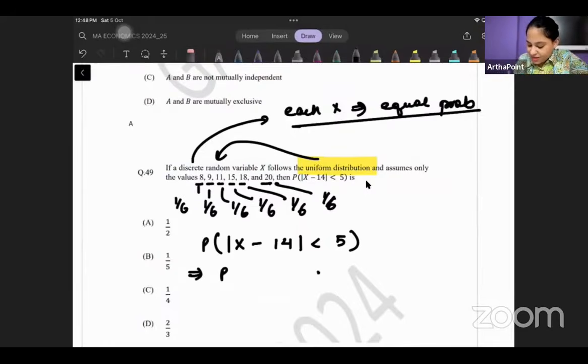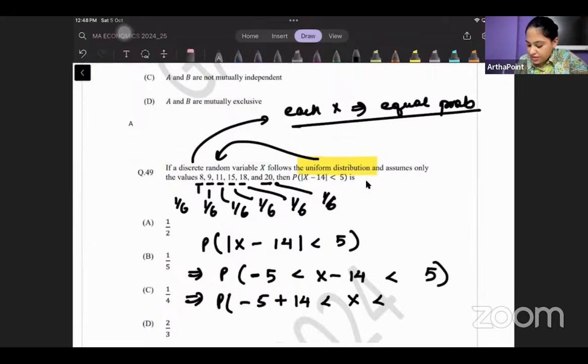Probability x minus 14 between 5 and minus 5. है ना? Whenever you open absolute value, you put minus also and plus also, और वो interval हो जाता है. Add 14 on both sides. Probability minus 5 plus 14 less than x less than 5 plus 14. Probability x between 19 and 14 minus 5 माने 9.